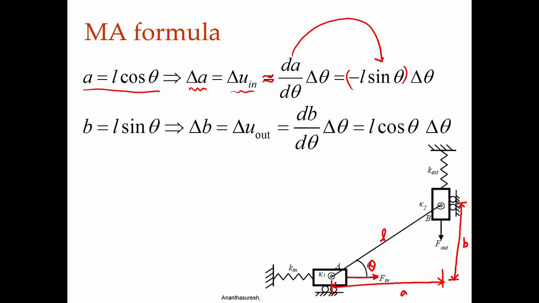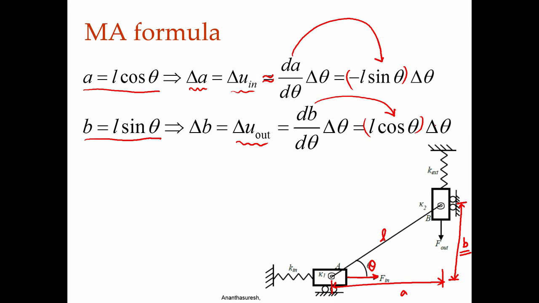Similarly, when I have B, that is this here, that is L sin theta, delta B will be my delta U out, the incremental output displacement, that is dB by d theta delta theta. Since B is L sin theta, dB by d theta is L cosine theta. So, this is L cosine theta delta theta. So, now we have delta U in by delta U out.